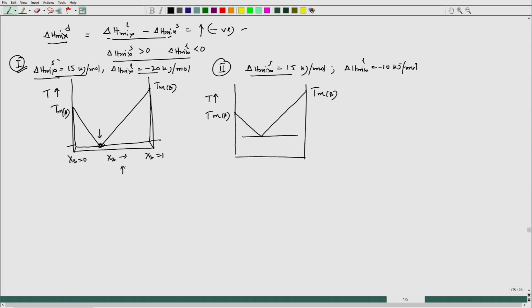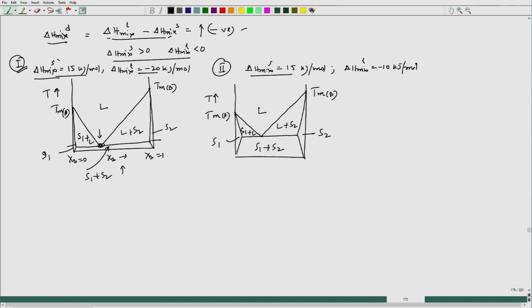Here also we have eutectic, but this terminal solid solution zone will expand. Okay. This is liquid, this is S1 plus liquid, this is liquid plus S2, this is liquid, and this zone is S1 plus S2. So, this is S2 and this particular small zone is S1. Now, here this is S2, this is S1, S1 plus S2, liquid plus S2, S1 plus liquid, like that.